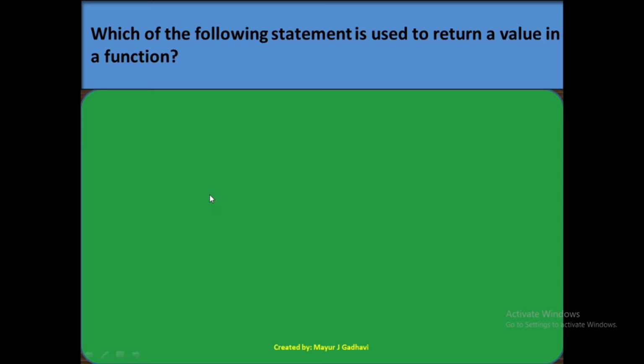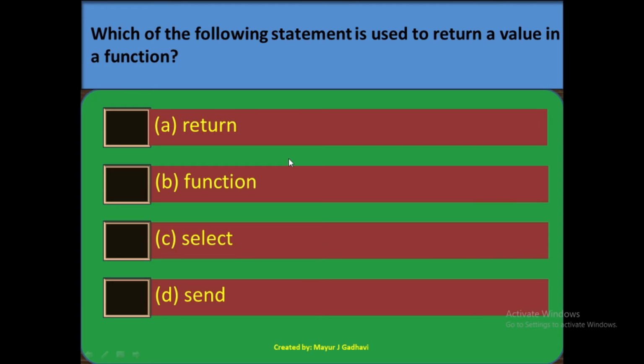Which of the following statement is used to return a value in function? Well, the options are return, function, select or send. Well, there is a keyword known as return that is used to return some value in a function.